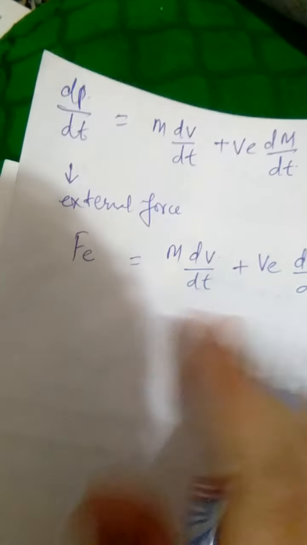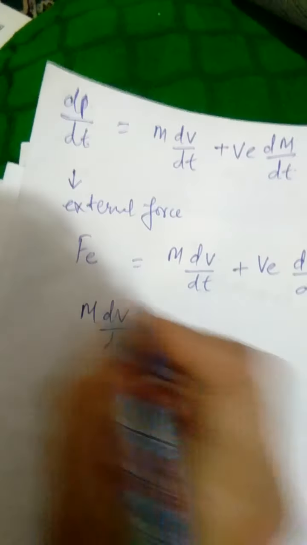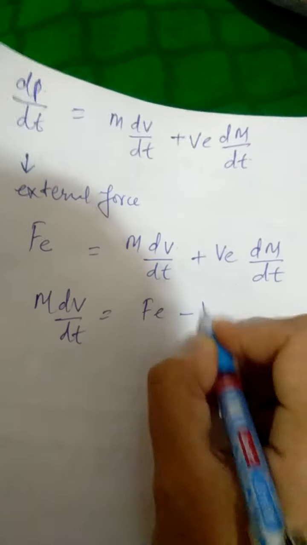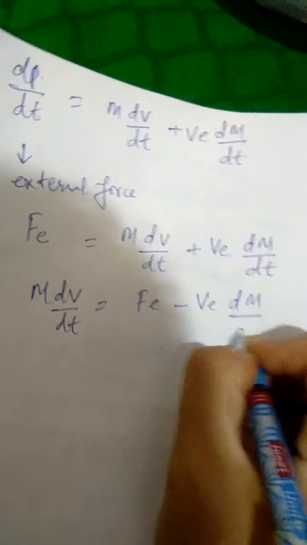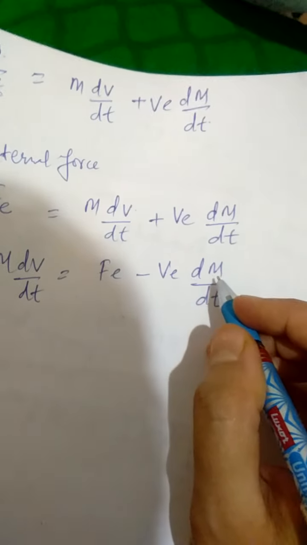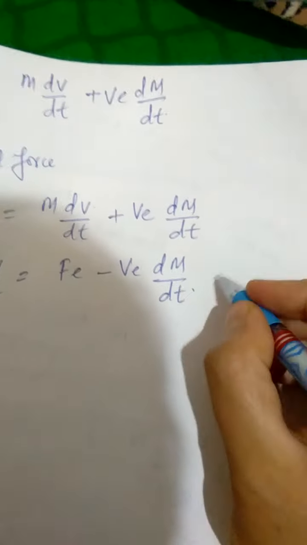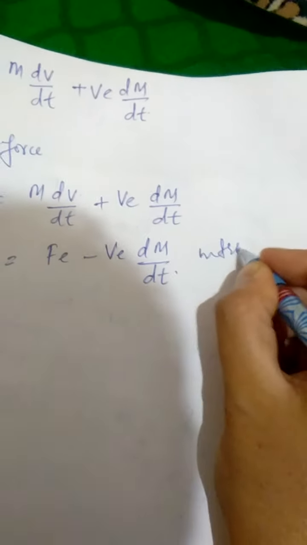We can also choose to rewrite it by keeping m dv by dt here and writing it as Fe minus ve dm by dt. Now, as all of you understand, the rocket keeps on losing mass at every time, so this dm by dt is intrinsically a negative quantity.